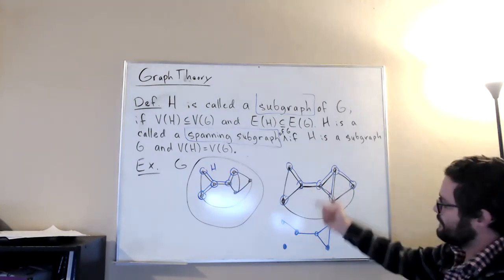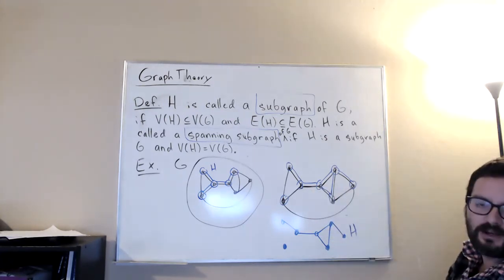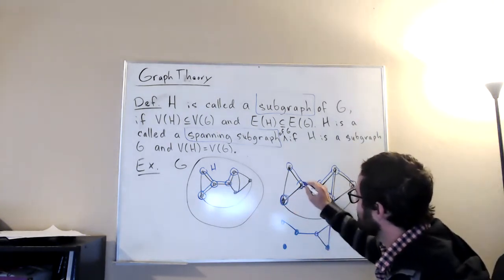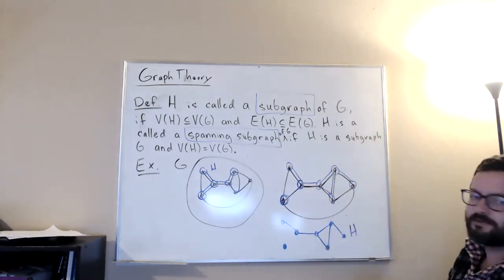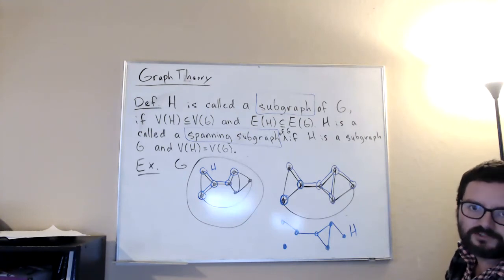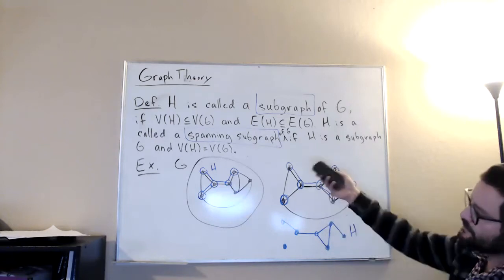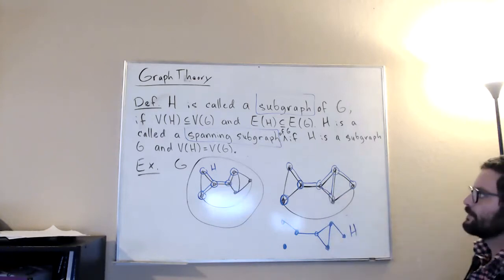The vertex set of H equals the vertex set of the graph. So this just happens to be a spanning subgraph that isn't connected, which is fine.